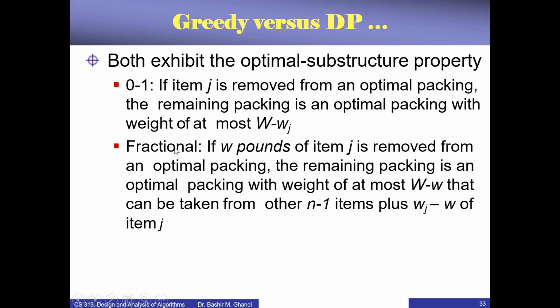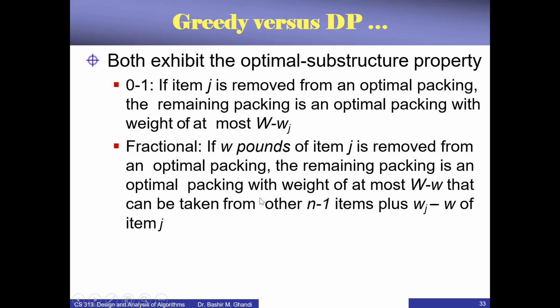Similarly, for the fractional knapsack, if w pounds of item j is removed, so not all of item j, only w pounds of it, from an optimal packaging, then the remaining packaging is also going to be an optimal packaging, and its weight is going to be at most the total weight minus w that can be taken from n-1 items plus wj minus w, because he took out only w.